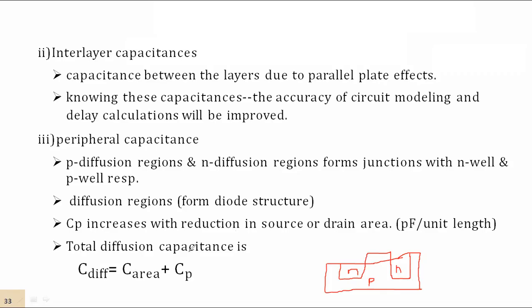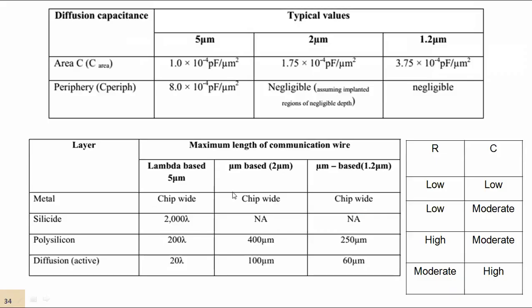The total diffusion capacitance is C area plus CP. These are some predefined values for the area and peripheral capacitances.